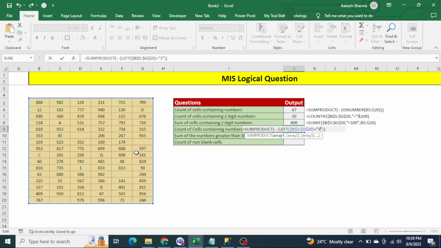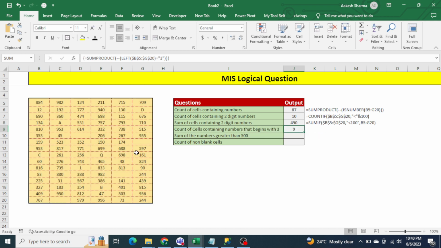Here we have 9 cells, out of 92, which contain numbers starting with 3.